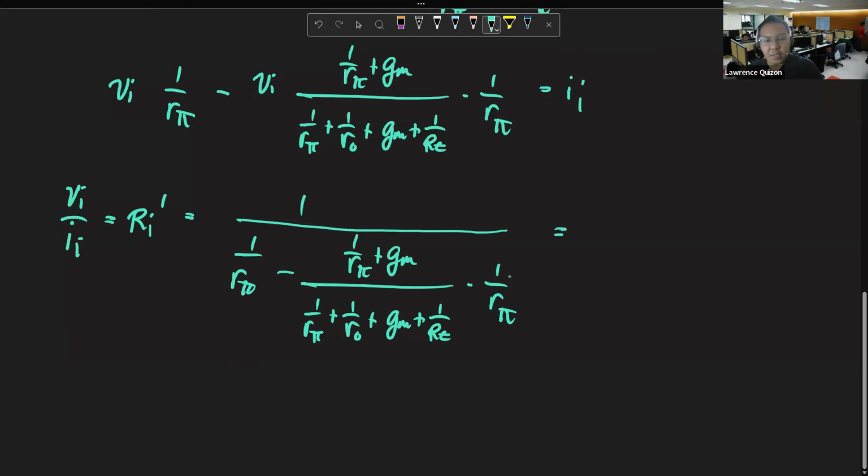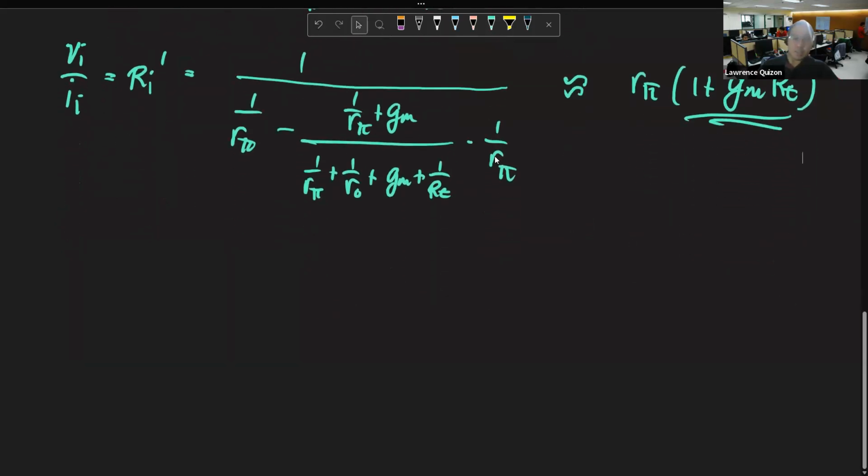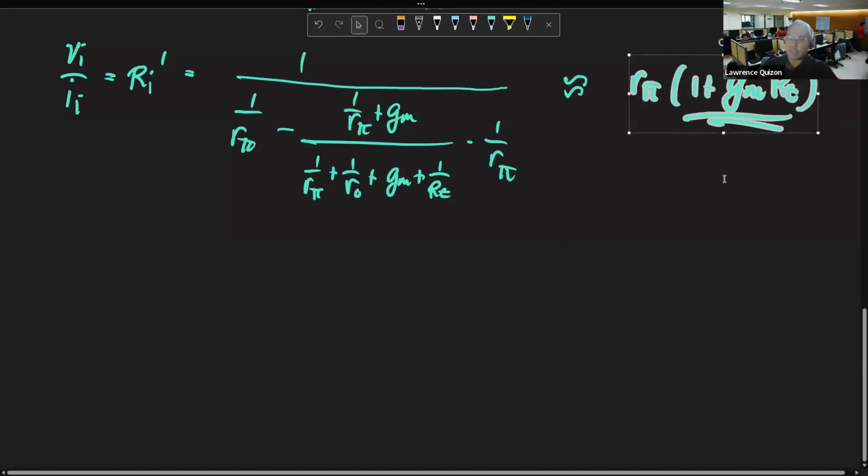Alright. So first things first, ang gagawin ko, no? Well, okay. So, sige, let's do a spoiler first, no? This is R pi times 1 plus GM RE, no? So, nandito yung degeneration factor natin, no? But I'll show it via algebra kasi again, no, this is just what happens in the slides, no?